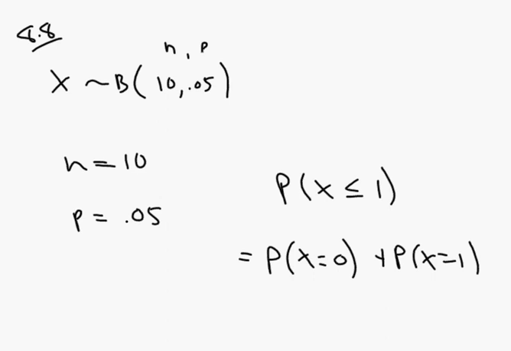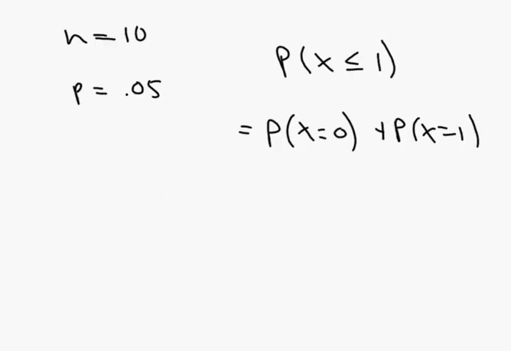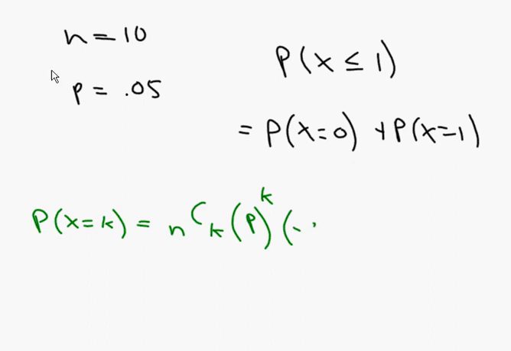Okay. We have a formula for the probability that x equals exactly k. And it's this. It's n choose k, probability of what we're worried about or what we want to happen to the k power, and then 1 minus the probability of what we don't want to happen to the n minus k power.